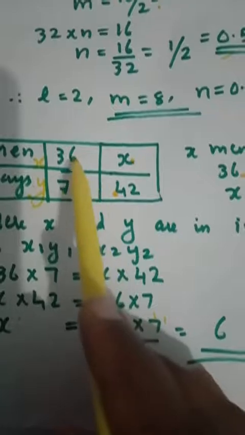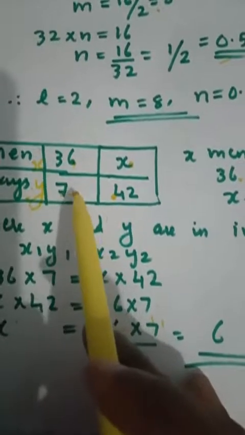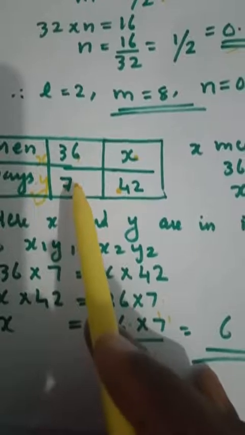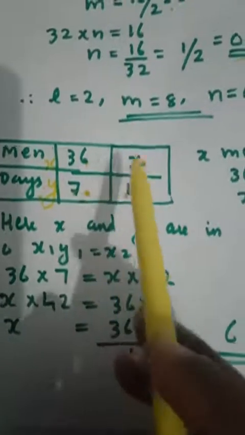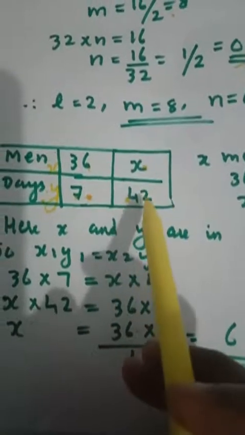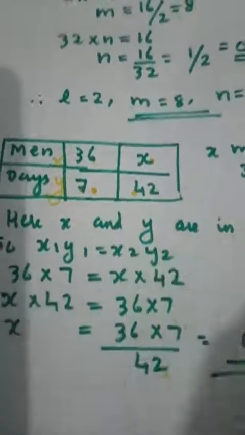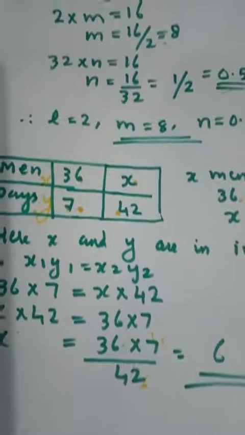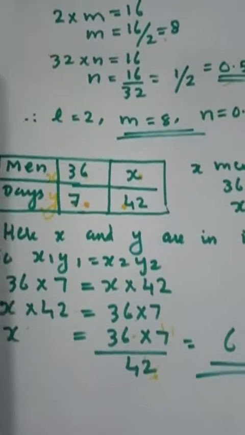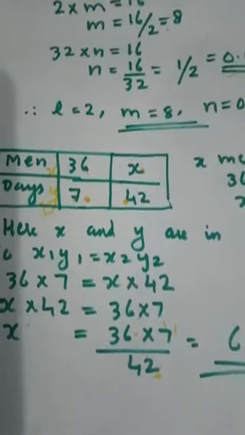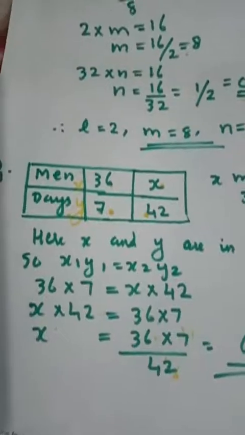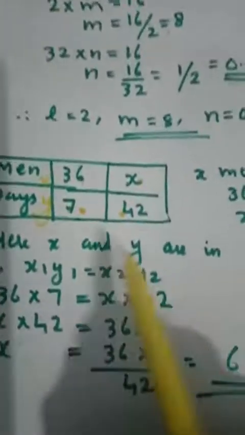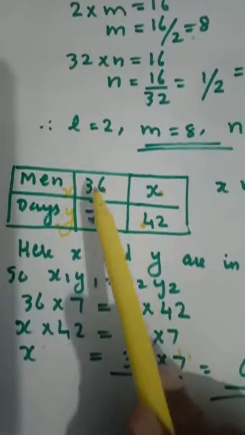See here, if 36 men are there, the work will be completed in 7 days. If there are 6 men, then they take 42 days. Only 6 men are there, so a long time is taken to complete the work. So it is inverse variation, and in the case of inverse variation, x1 y1 equals x2 y2. But one thing you have to know is how to draw this table.